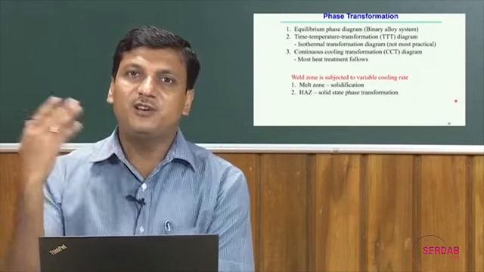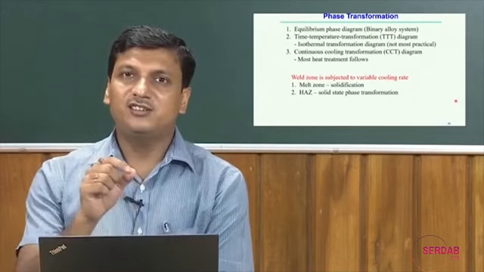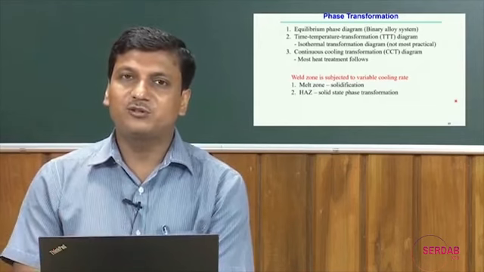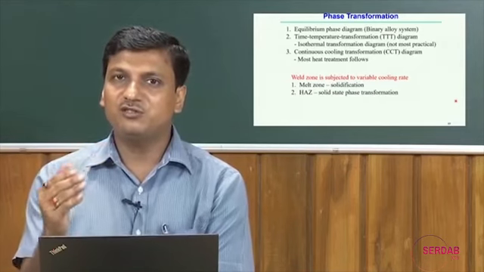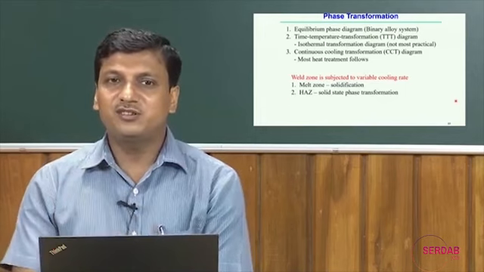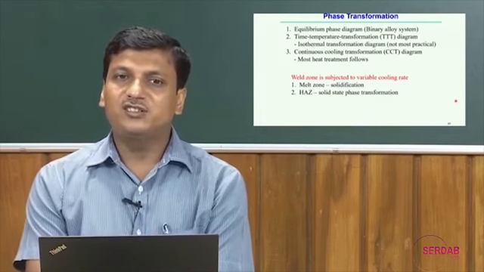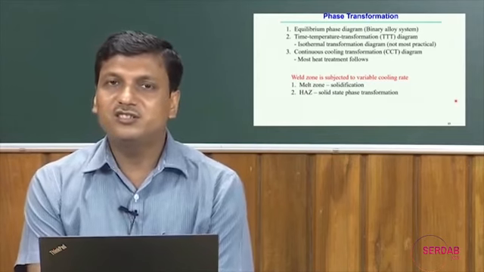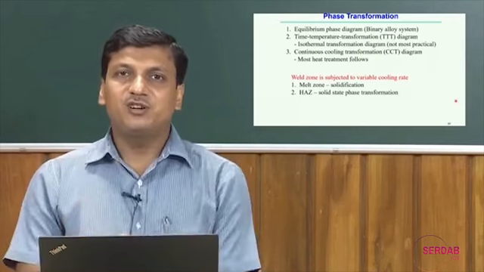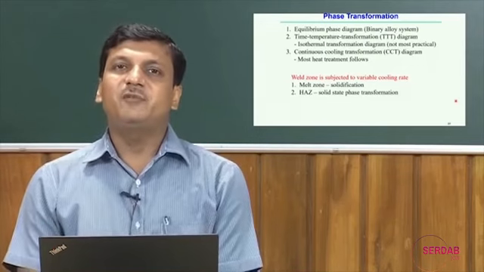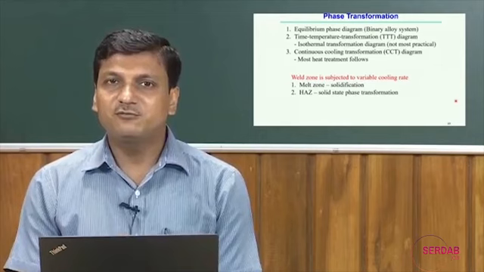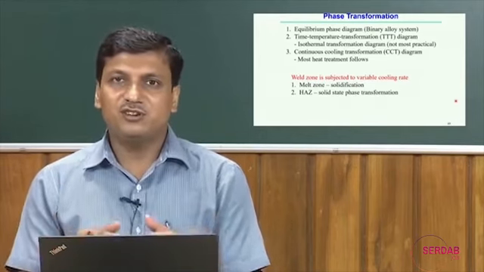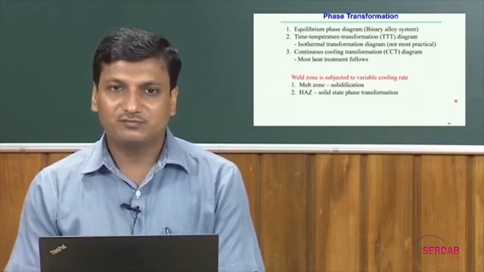That variable temperature can be better represented in terms of a constant cooling rate, so the transformation using a constant cooling rate is better represented in the CCT diagram. Most heat treatments follow the CCT diagram to find out the final microstructure, depending upon the cooling rate followed during the process. It may be a solidification process or it may be a welding process.